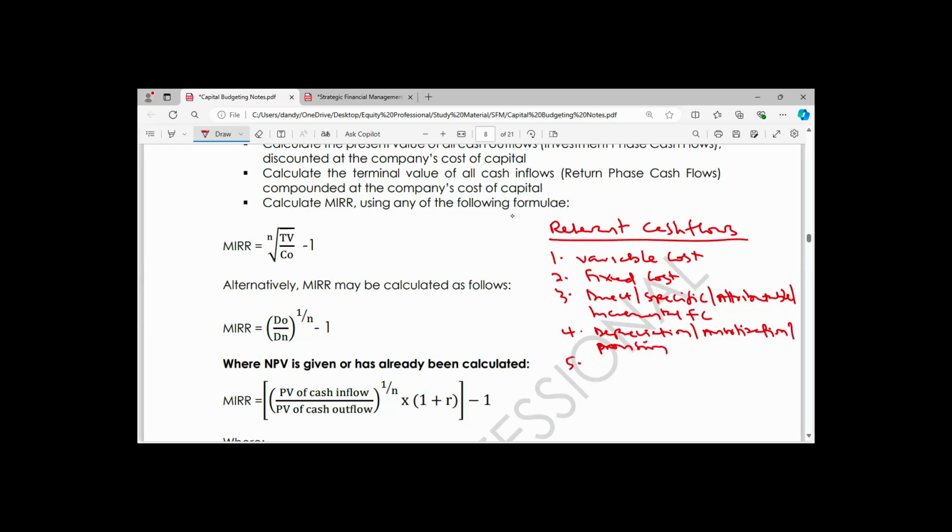Number 5, we are going to talk about historical costs, or let me just say historical slash sunk costs.